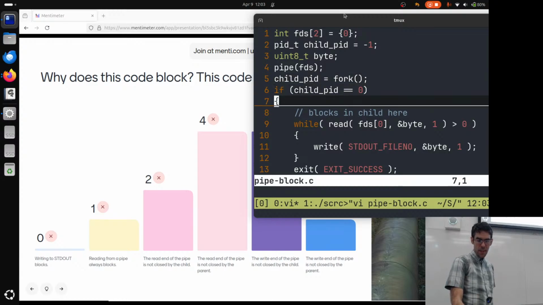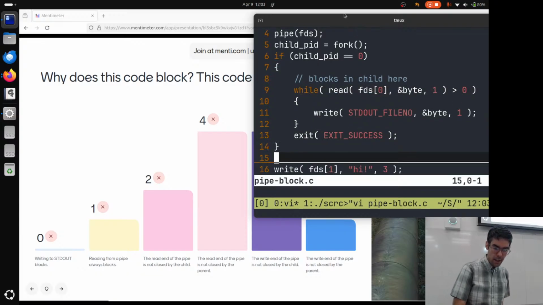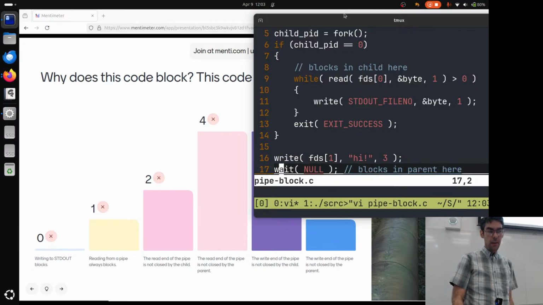The child process is going to start reading, and it will block here. It will get stuck until our parent is able to start writing to it, and it will eventually unblock. It will write out HI exclamation point. The parent, after it does write, will get stuck on line 17.